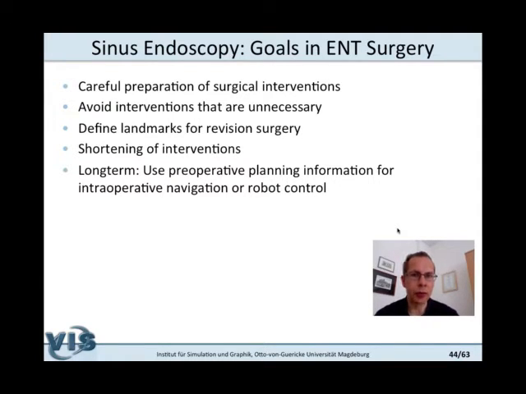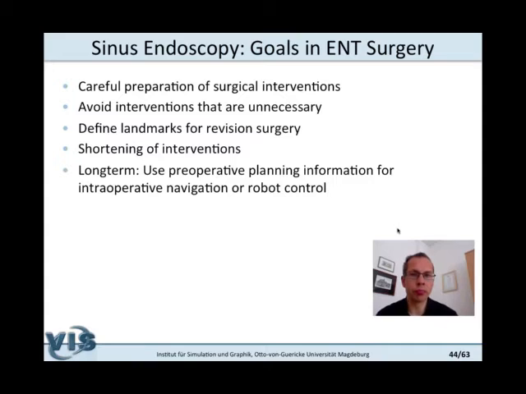In particular for revision surgery, the situation I described when a patient has to be operated maybe several times in life, landmarks are defined and marked that help the surgeon to rehearse and remember the patient anatomy, to not be surprised in the real surgery.